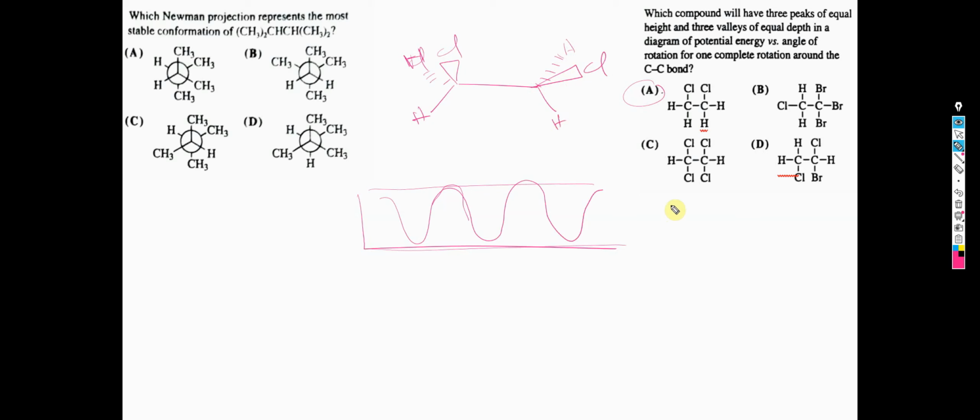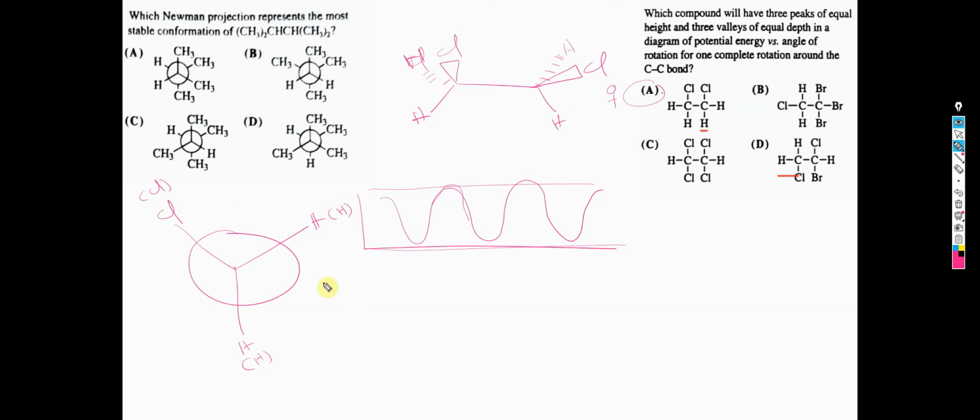If you now draw the Newman projection, standing here looking at the molecule, it's going to be a Y both on the front and the back, with the chlorine on the left, hydrogen on the right, hydrogen here, and a chlorine on the back here, a hydrogen here, and a hydrogen here.